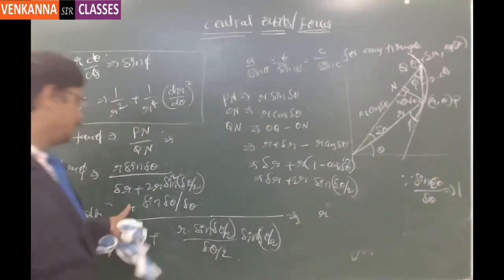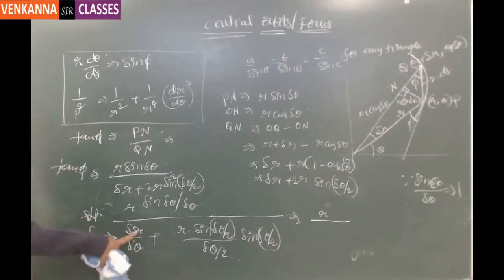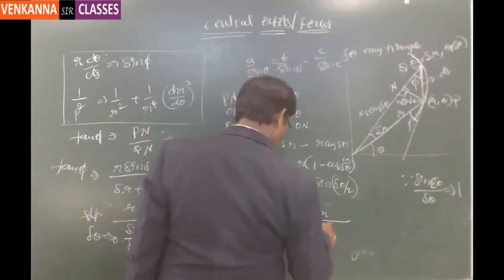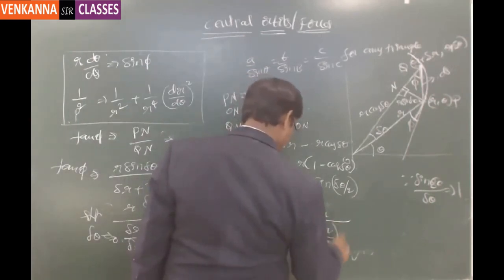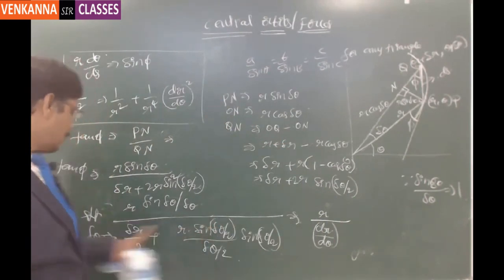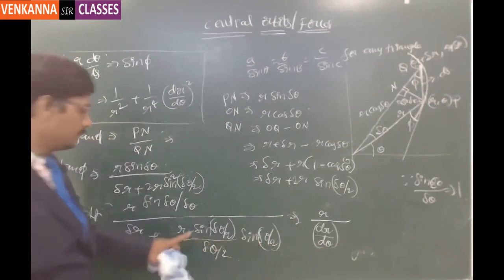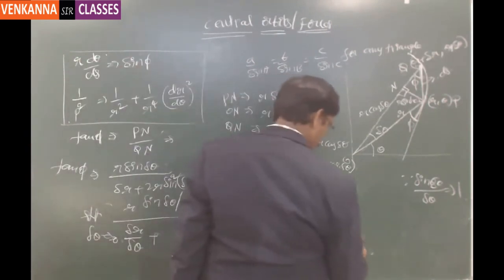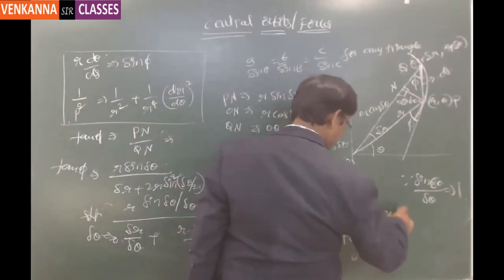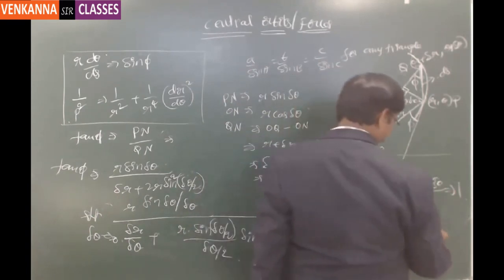The denominator is the limit delta theta tending to 0 of delta r by delta theta, which you can replace as dr by d theta. And then r times this, which is 1, and as delta theta tends to 0, this is going to be 0, so we are left with nothing here. So this can be replaced as r d theta by dr. So this is the tan phi value.